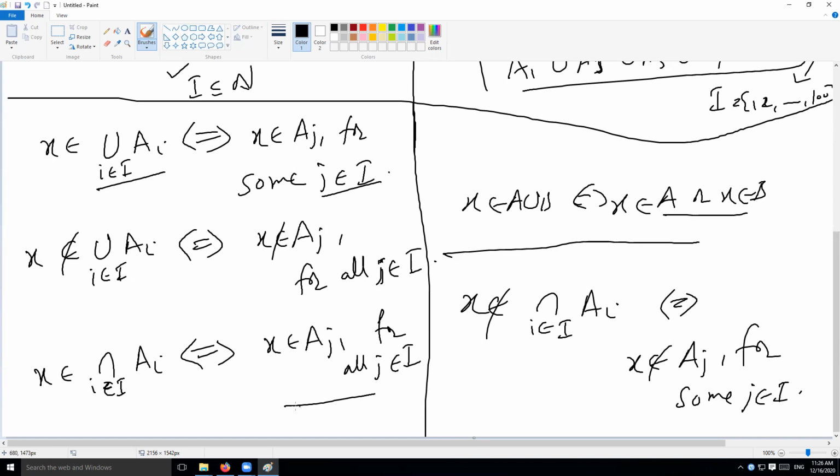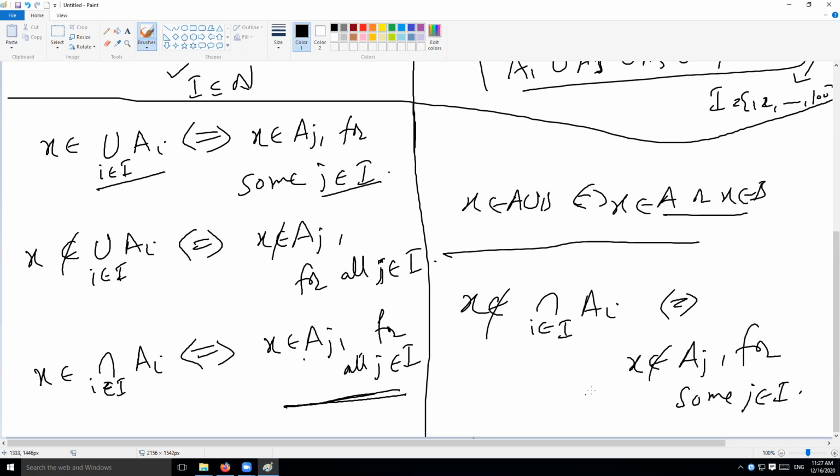In other words, what you can do is simply negate this statement. What is the negation of this statement? The negation is that x does not belong to A_j, and for all will become for some. So this is really the logical negation. Does this make sense?